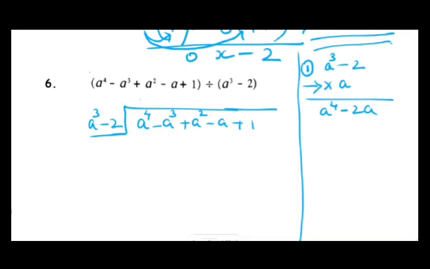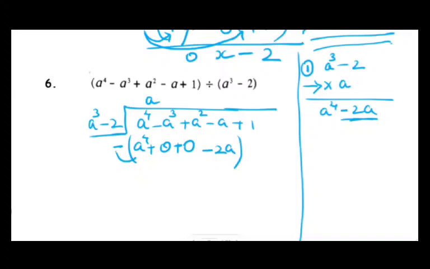So, this a goes as the quotient, a raised to 4, and minus 2a comes here, children. Time being, write these as zeros. Plus 0 or minus 0 doesn't make a difference. 0 means nothing. If there's nothing, what will you add and what will you subtract?